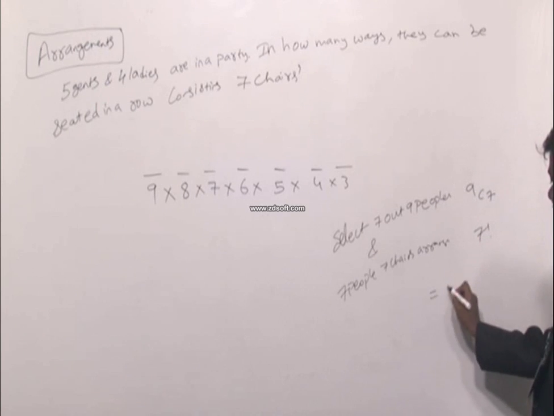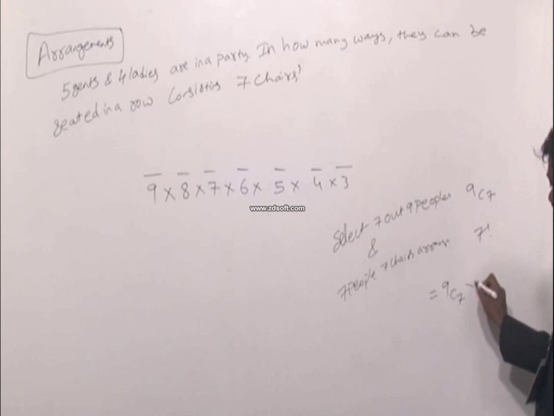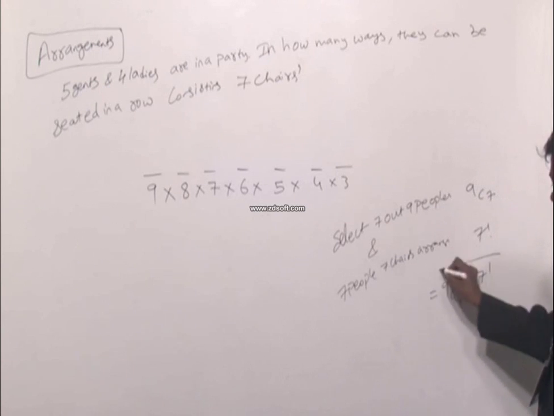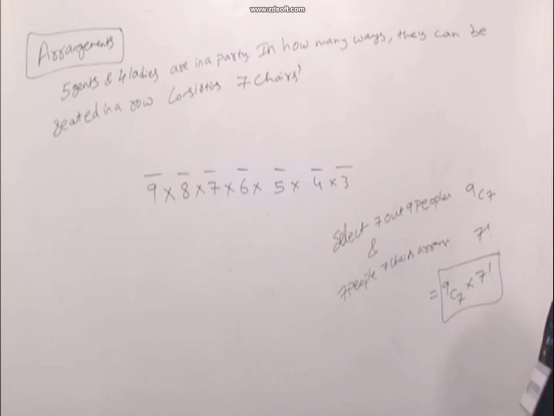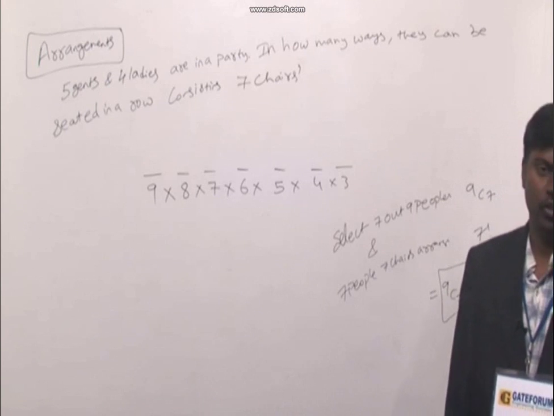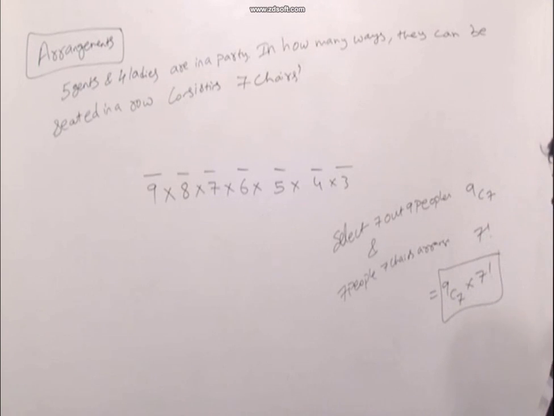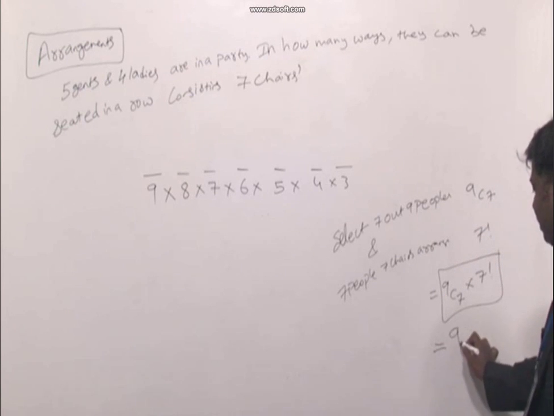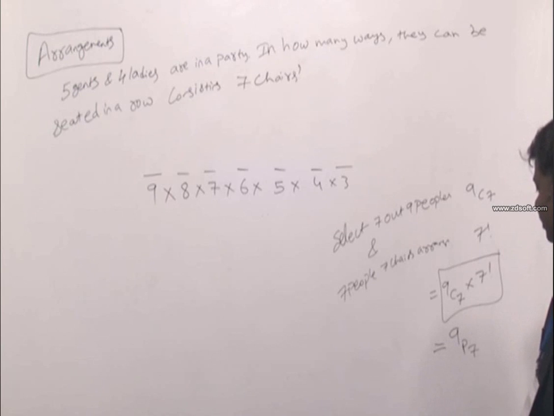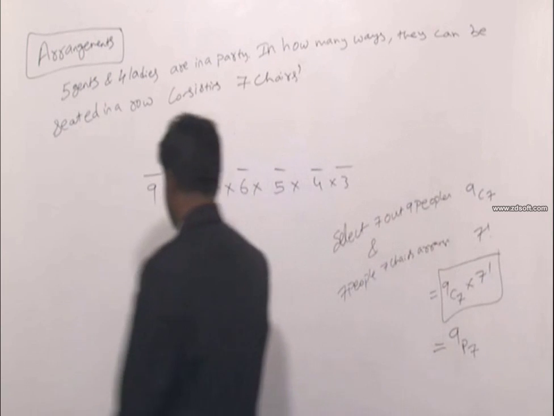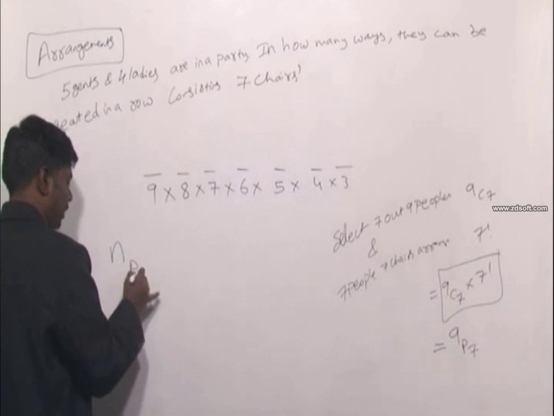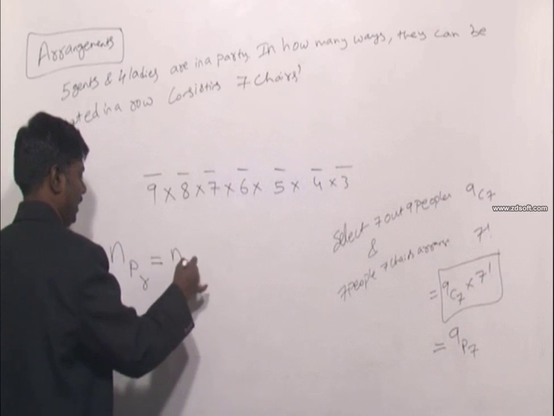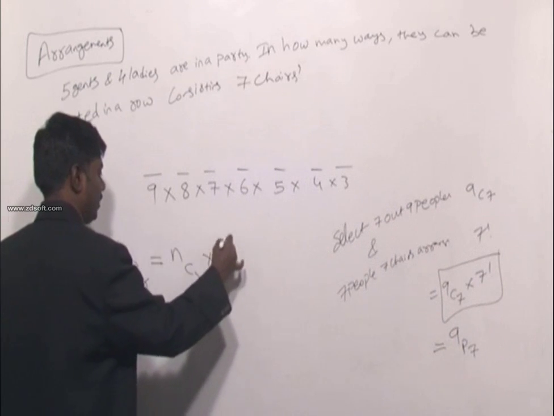So that is 9C7 into 7 factorial. This is generalization, right? This is also termed as 9P7. So nPr is equal to nCr into r factorial.